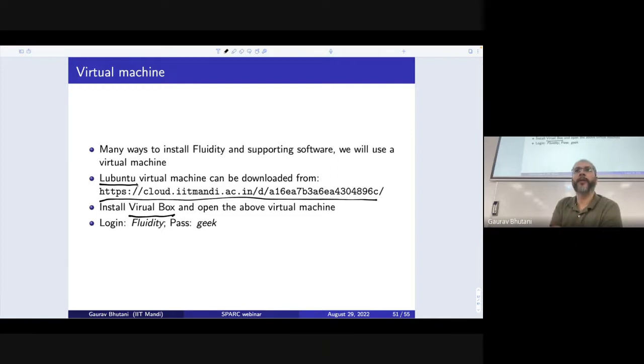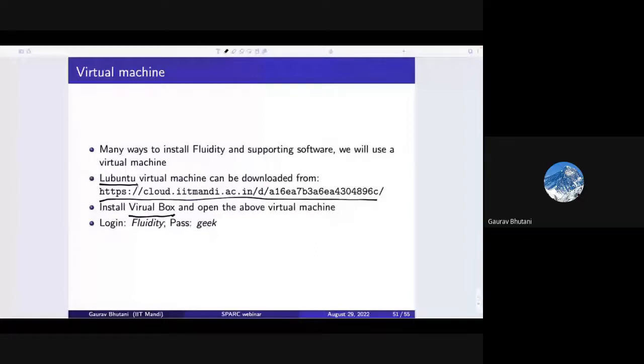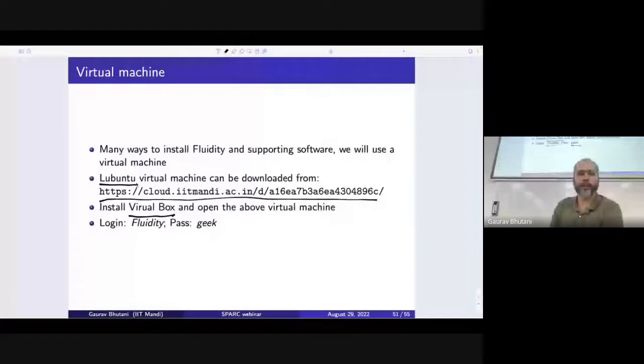It has everything installed in it. Once you open it, you can log into the virtual machine using this username and password. At least try to log in first, and after that we will discuss things further. So let's close this session.